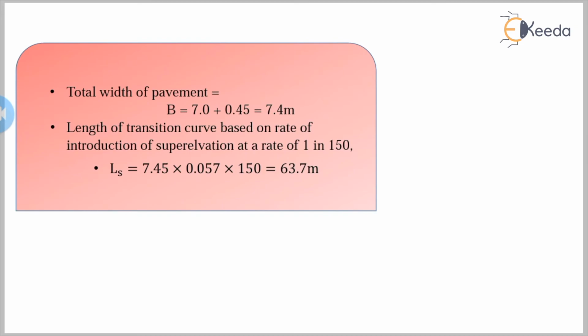Then the next formula of super elevation is Ls is equal to EBN. Here B is 7.45, E is 0.057, and N is rate of introduction of super elevation, that is 150, which comes to be 63.7. This is the second method.